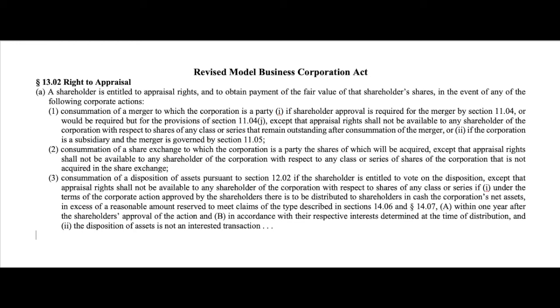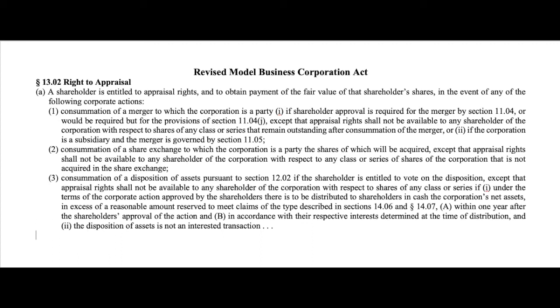Under subsection 2, we're told that shareholders in a share exchange are entitled to appraisal unless they were shareholders in the acquiring firm. That only makes sense. Then finally, under subparagraph 3, shareholders in the selling firm in a sale of all assets who would be entitled to voting under section 12.02 are entitled to appraisal, except that there's a complicated little special carve-out for them.